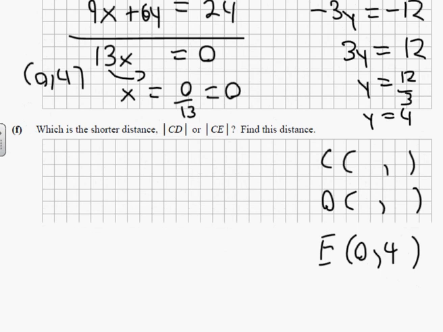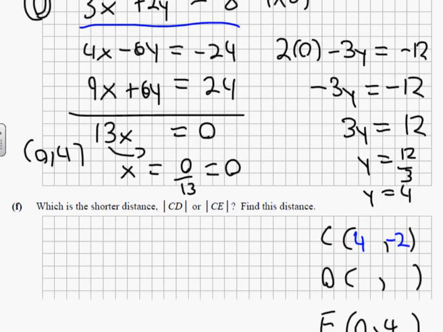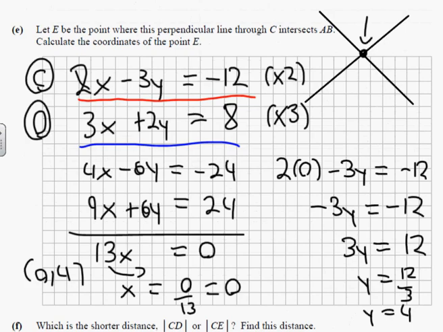What's point C, guys? Can somebody call out point C? It's in your book, you can just turn the page. 4, minus 2. And what's point D? That was the answer to the midpoint of part B. Remember the midpoint?